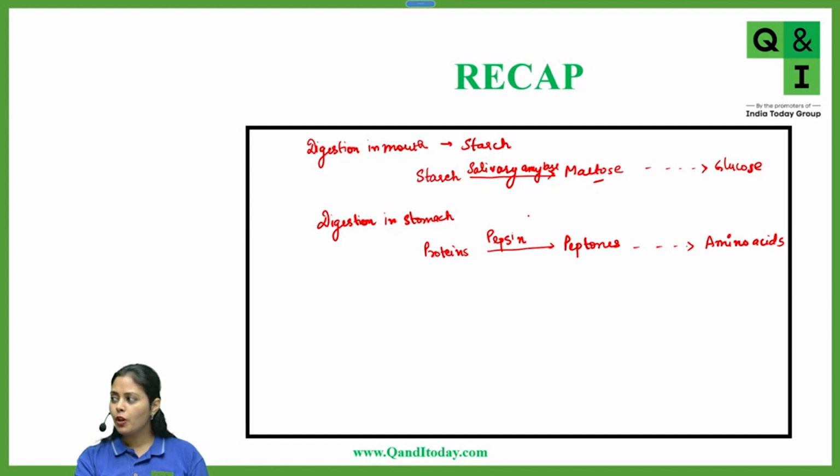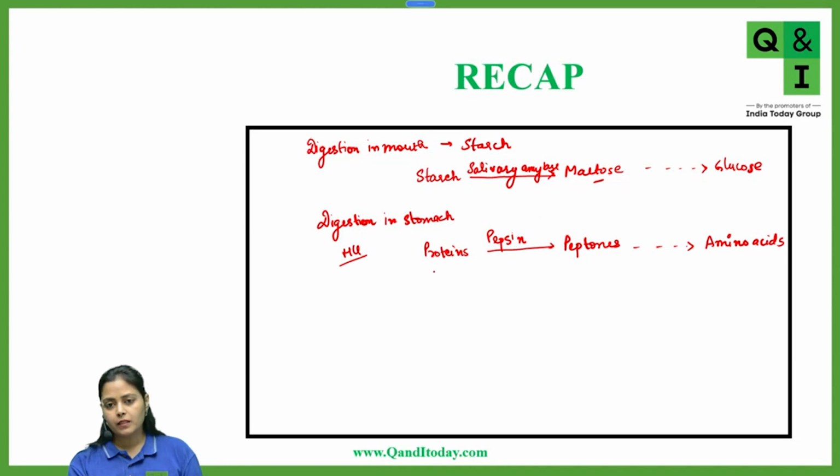Acidic, Raghul. Okay, very good. Acidic pH. And that acidic pH is provided by? HCl. Yes, very good. So with the help of HCl, finally this pepsinogen was getting converted into pepsin.